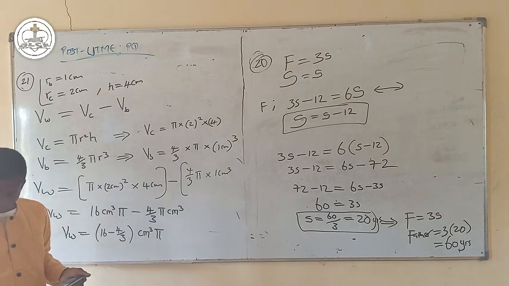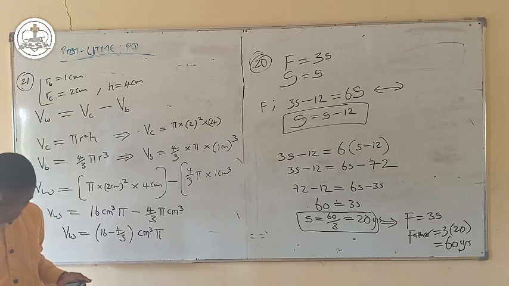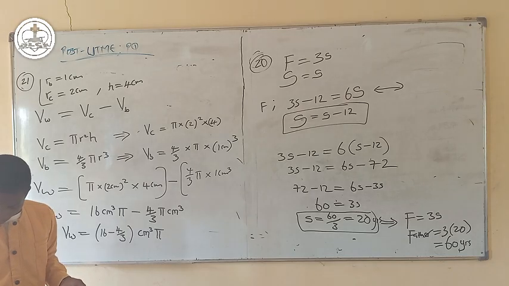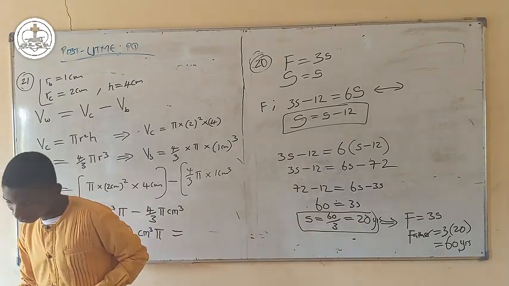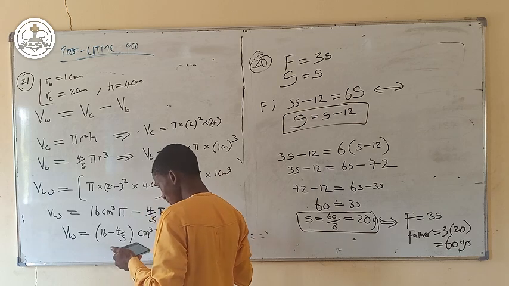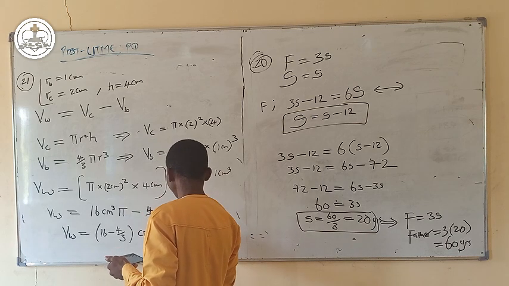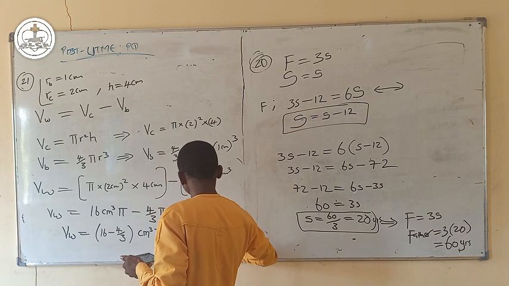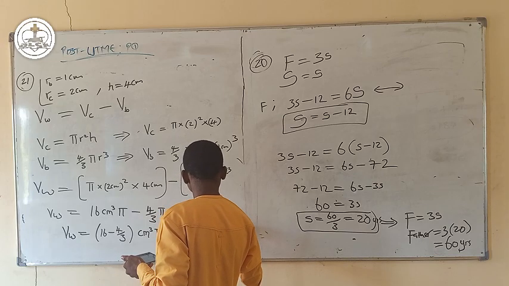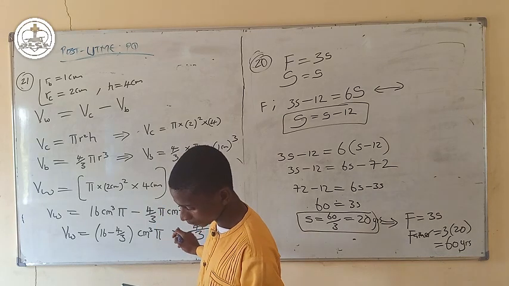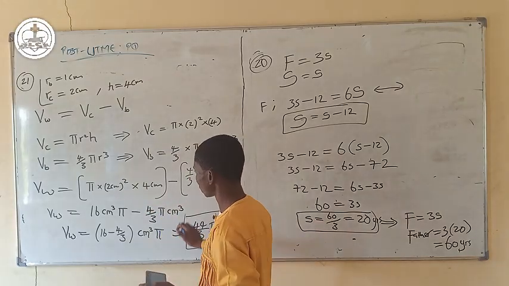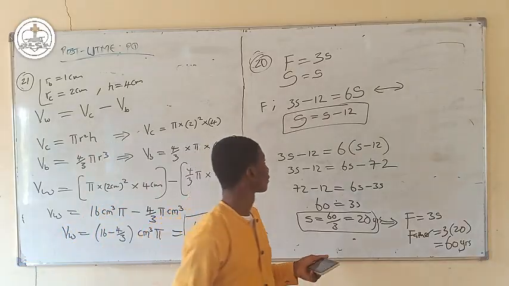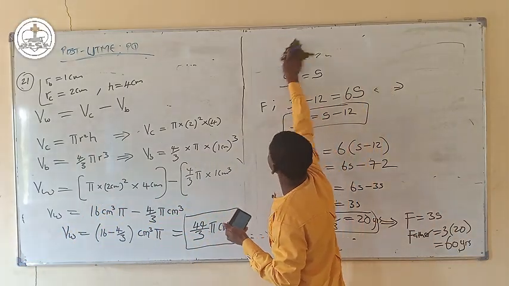So 16 minus 4 over 3, what do we have? We have 44 over 3 pi centimeter cube as our volume of water. So we go for our next question.